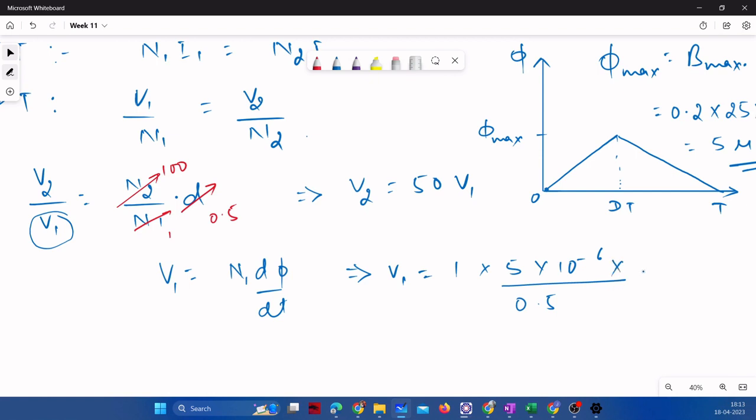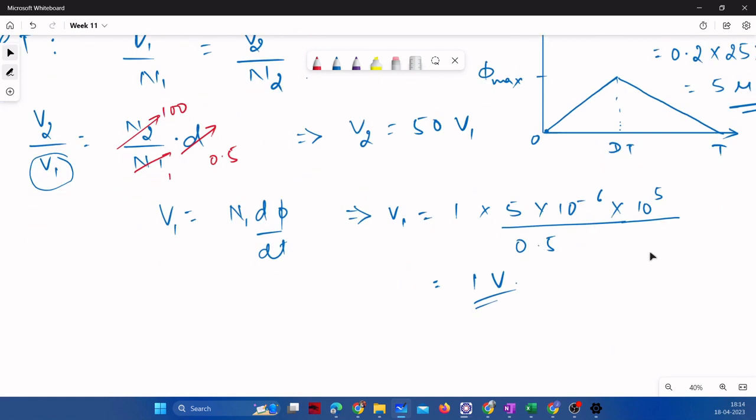So f will go in the numerator, and it is 100 kilohertz, which means 10 raised to power 5. If I compute it, I will get 1 volt. Am I right? I hope I am right. Yes, sir.